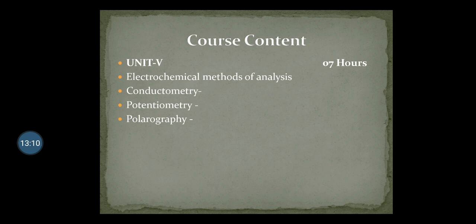So three techniques that we are going to study in this particular syllabus, that is the conductometry, potentiometry and polarography. So these are the various electrochemical techniques. Conductometry, where we will be measuring the conductance. Potentiometry, where we will be measuring the potential difference, and with the help of this we are going to determine the end point.